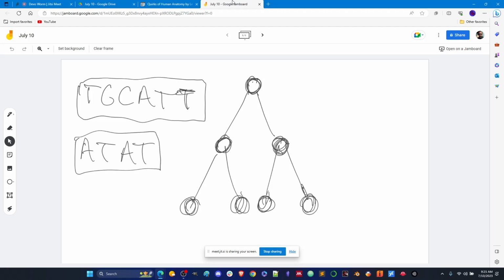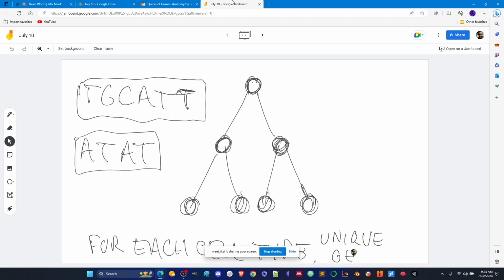So, okay, yeah. One way to approach this might be to say, for each cell type, there are unique genes produced which distinguish it from other cell types. Yeah. So a set of unique genes.